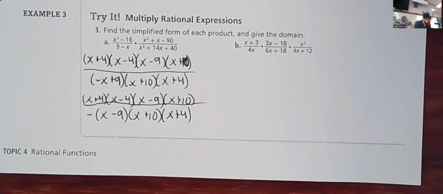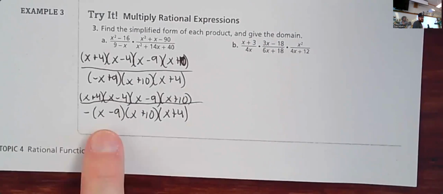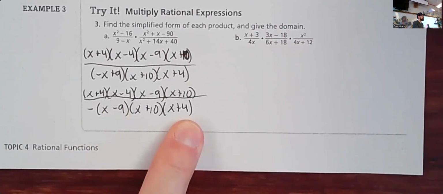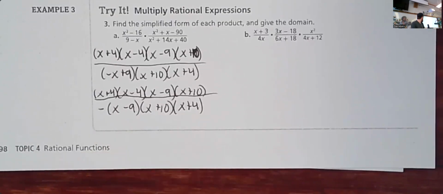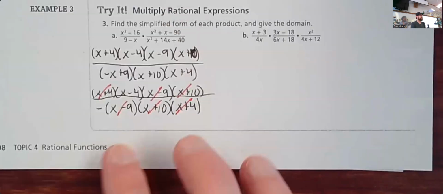All right. So our domain here, the values that will not work are 9, negative 10, and negative 4. Three numbers for which x does not equal. In terms of what cancels out, the x minus 9s cancel out, the x plus 4s cancel out, and the x plus 10s cancel out.